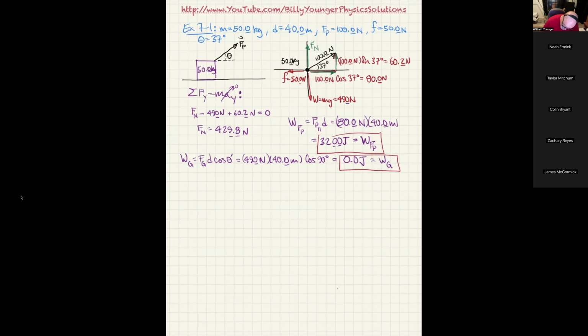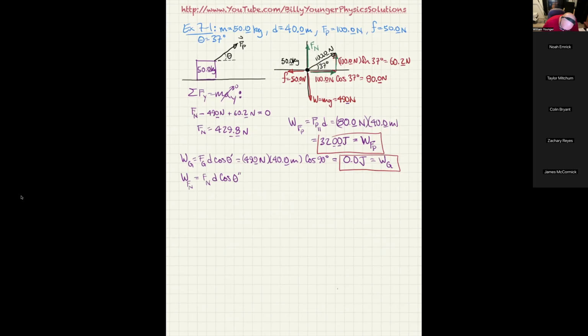Okay. Now we need to calculate the work done by the normal force. So work done by the normal force, which is Fn, is equal to Fn times d times the cosine. In this case, I'll call it theta double prime. But again, the angle between the normal force and d is this 90-degree angle right here. Everybody see that? I keep drawing.